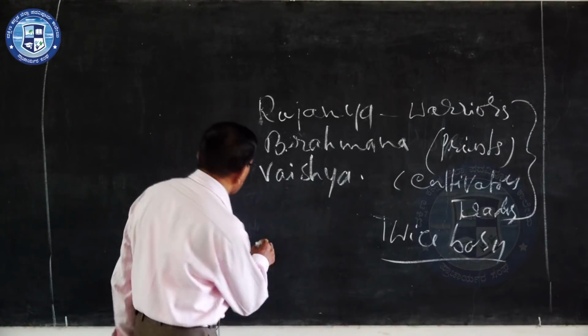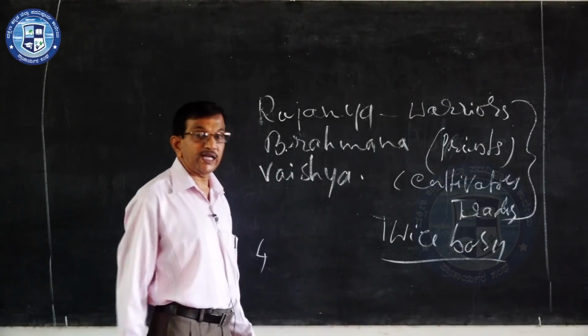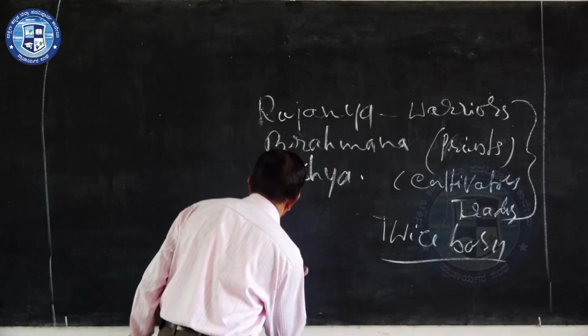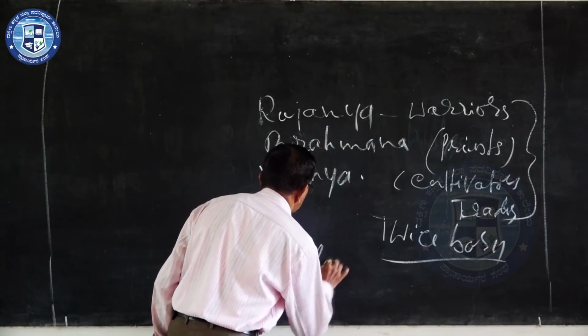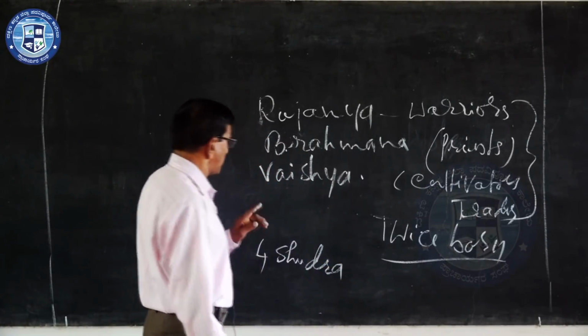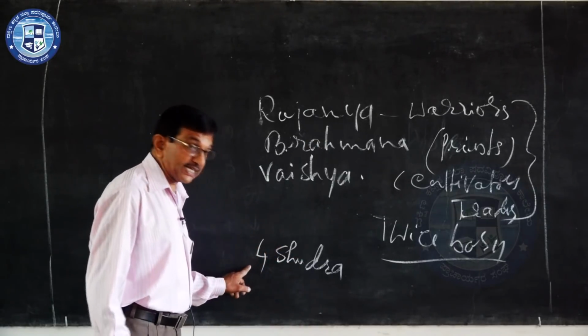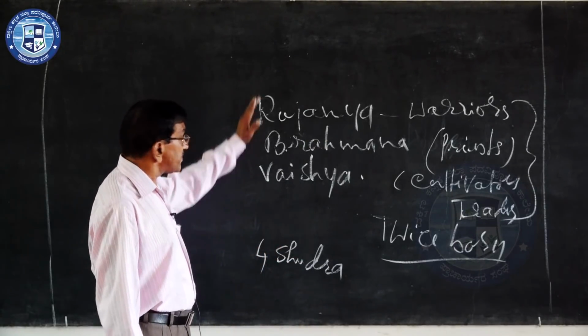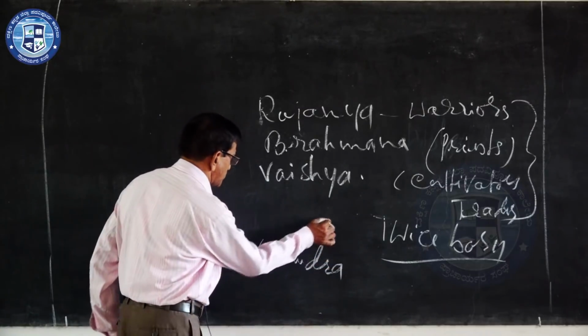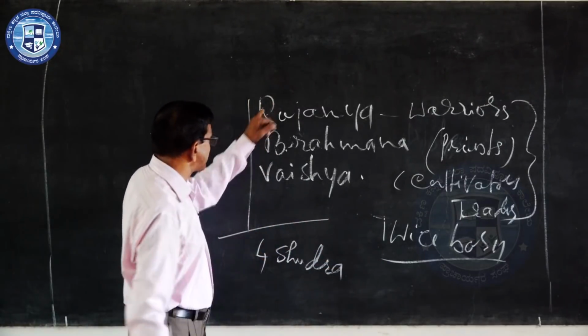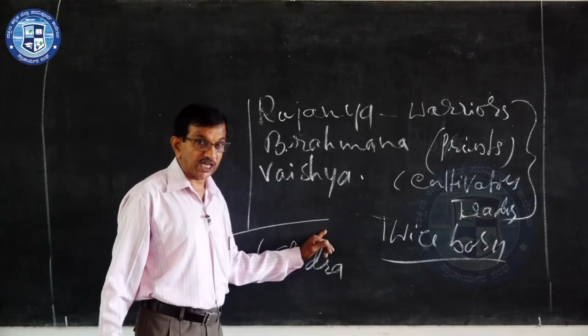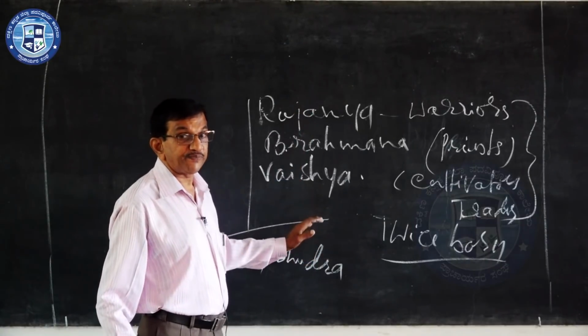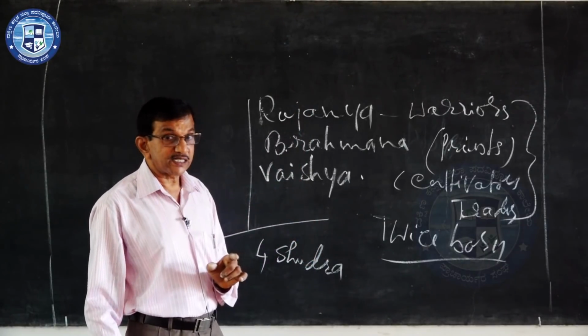And the fourth Varna, called Shudra, existed from non-Aryan groups. So, these three groups, Rajanya, Brahmana, Vaishya, existed from Aryans.